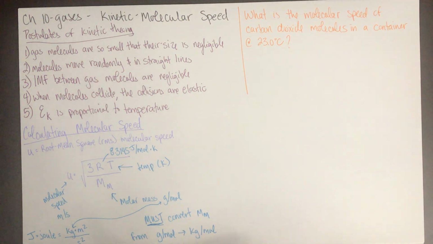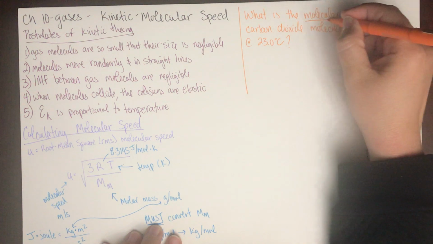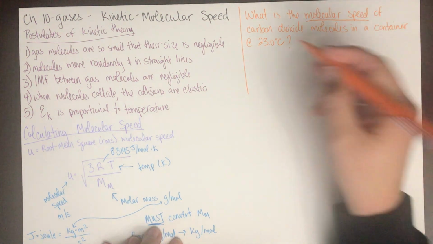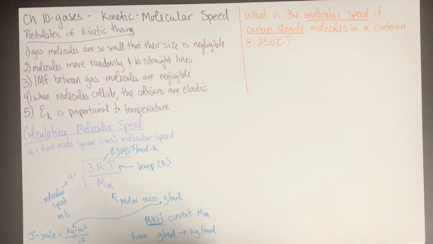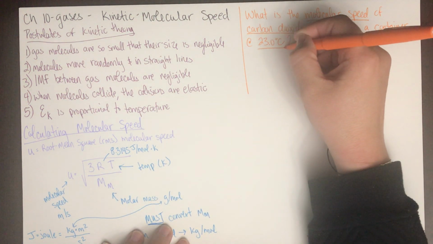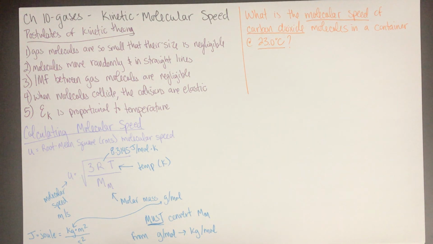Okay, so we're looking for molecular speed. We know molecular speed is U. Carbon dioxide, this is the gas. That's where we're going to get our molar mass from. And the temperature in degrees Celsius, we're going to need to convert that to Kelvin.